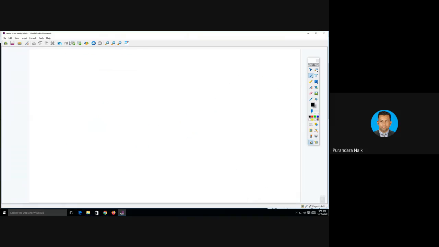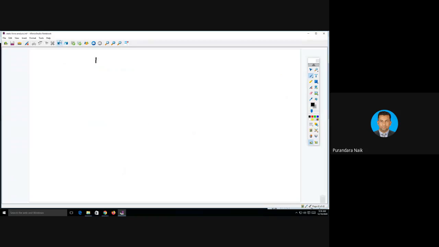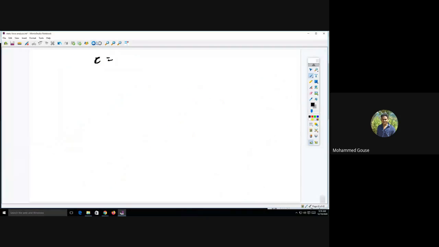Now tell me the answer for C. 48750 Newton millimeter, which is equal to 48.75 Newton meter.